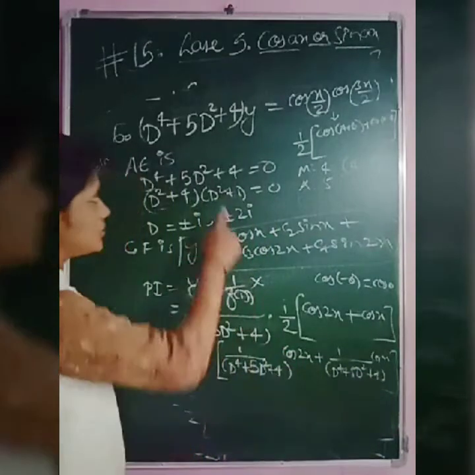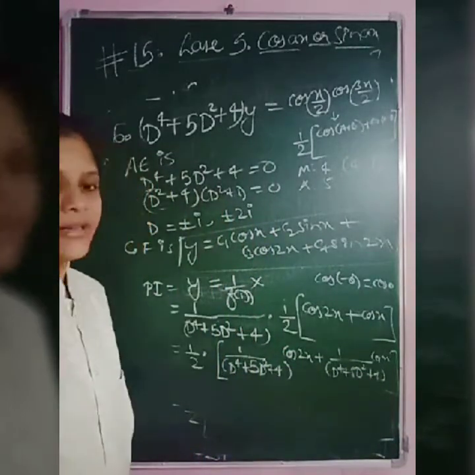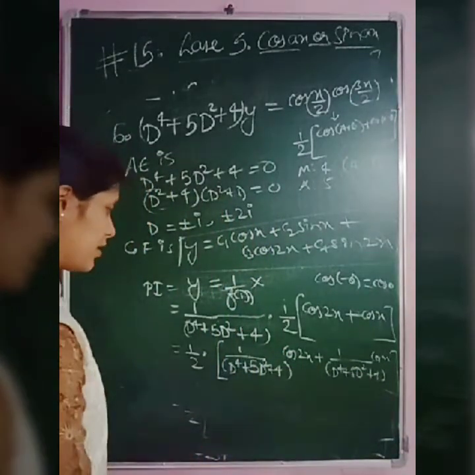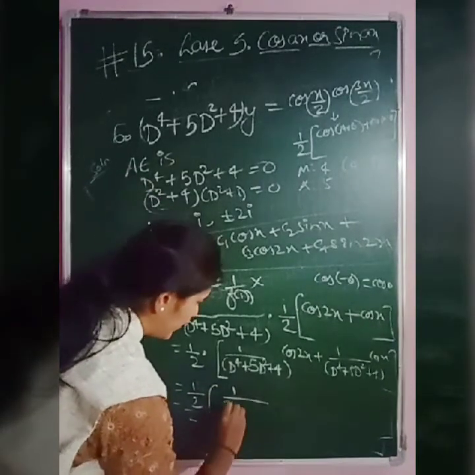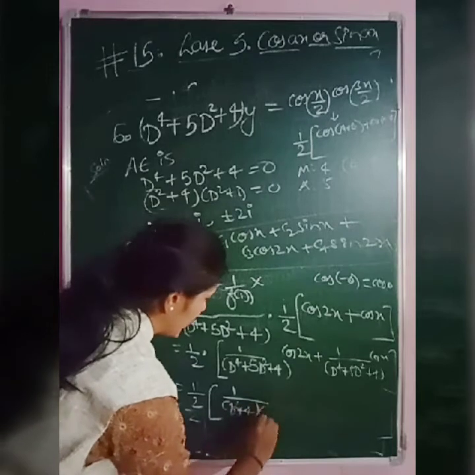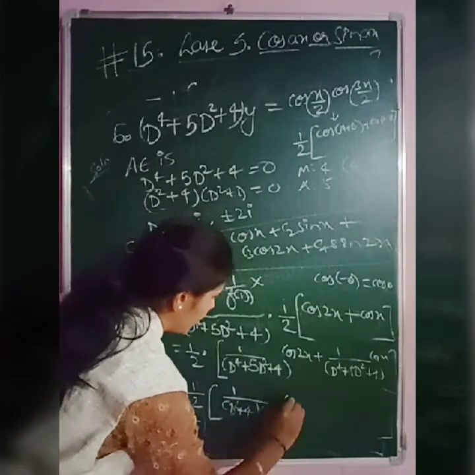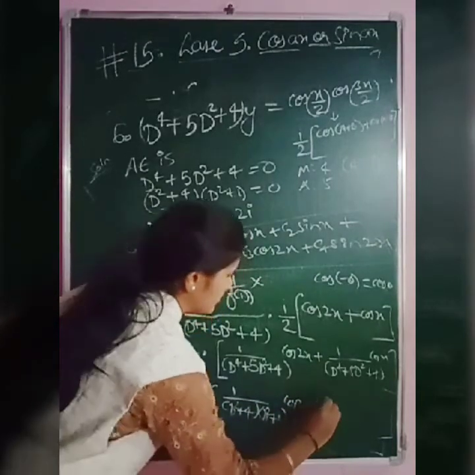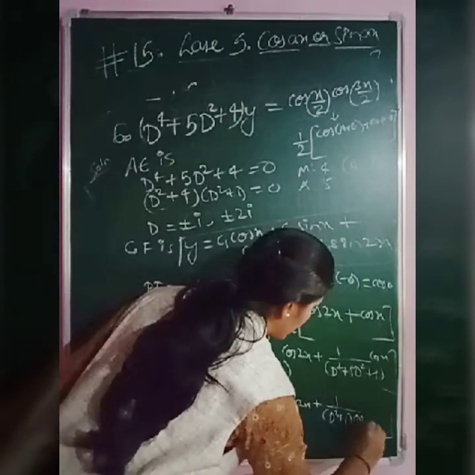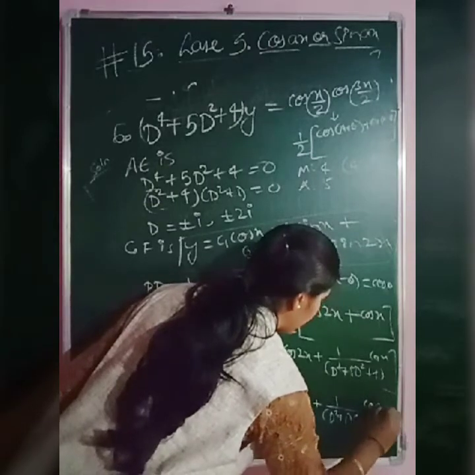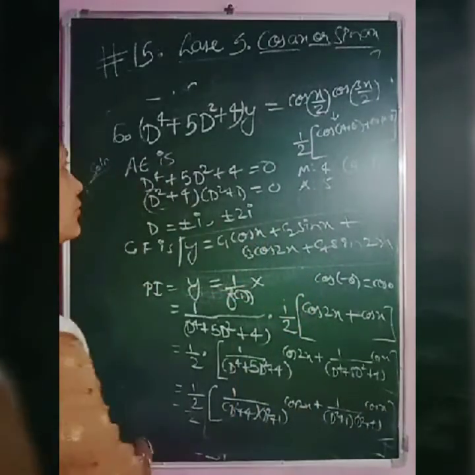So this can also be written as (d square plus 4)(d square plus 1), right? So 1 by 2 of 1 upon (d square plus 4)(d square plus 1) cos 2x plus 1 upon (d square plus 1)(d square plus 4) cos x. So now let us solve for this.